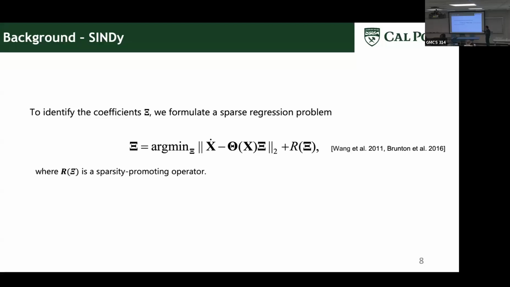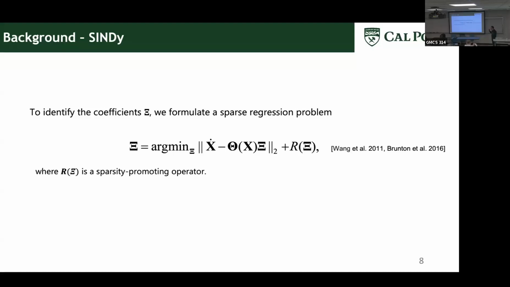At the same time, we impose this R as a sparsity-promoting operator. People use the L1 norm, L2, lasso, ridge, which you probably know about, and you can also do SVM. But the point here is that this R will help us during the training and optimization process.